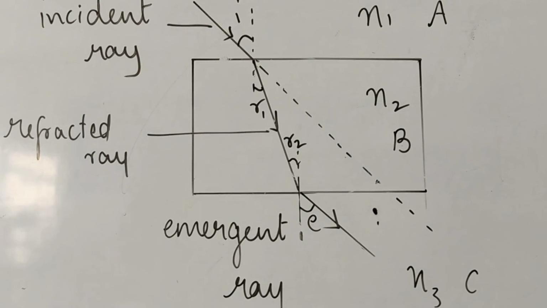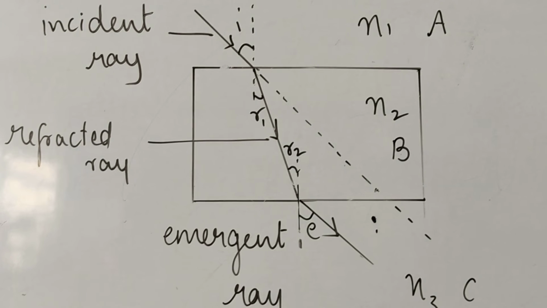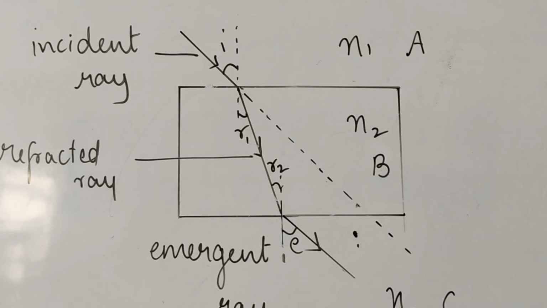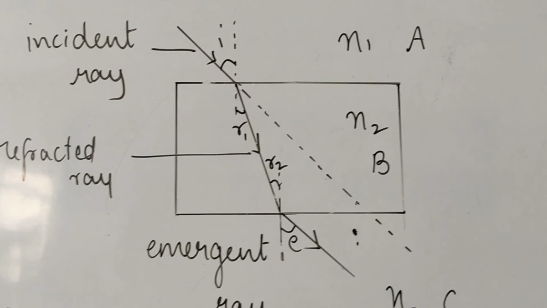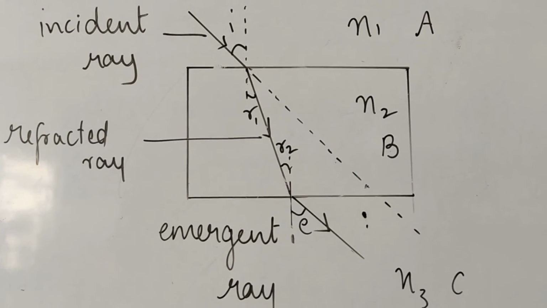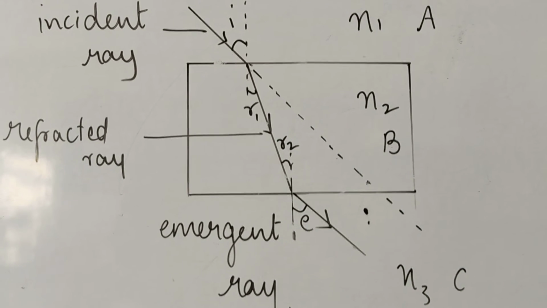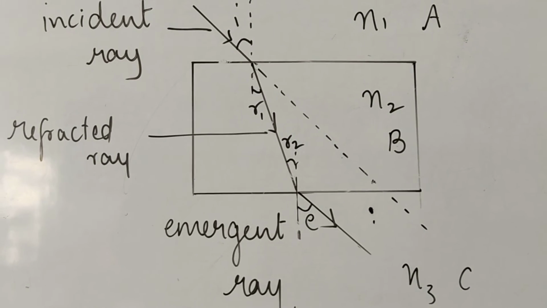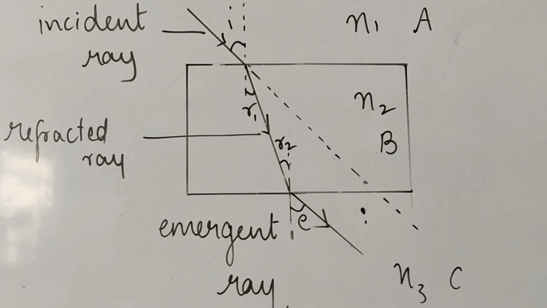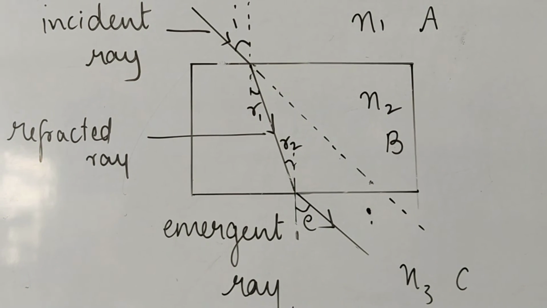Although one more case can be there where the slab material we can consider is rarer compared to the surrounding medium. In that case also, N1 is equal to N3 and N2 will be of different material, but in that case N1 is equal to N3 and it is greater than N2.